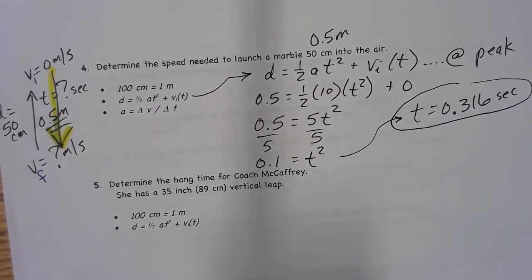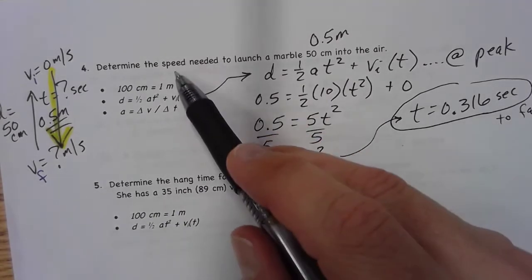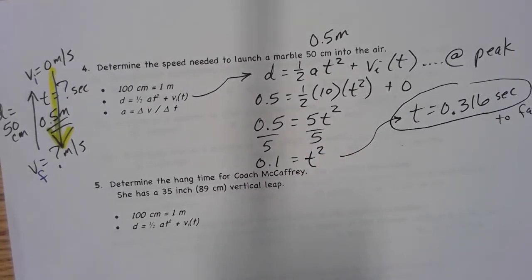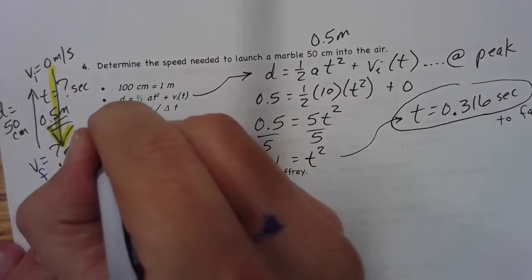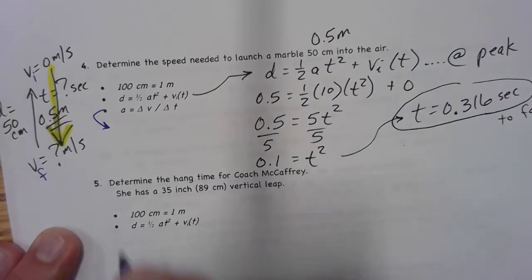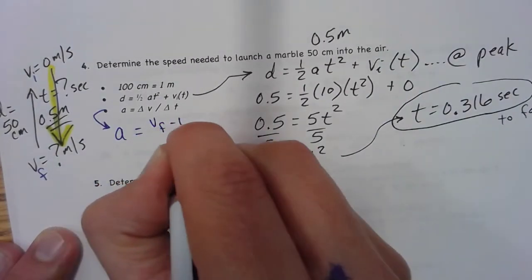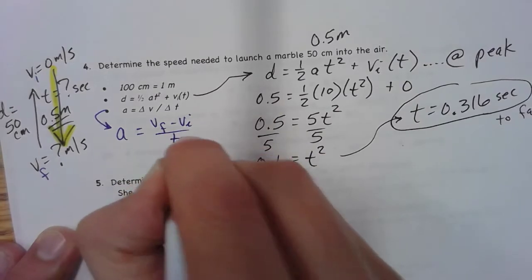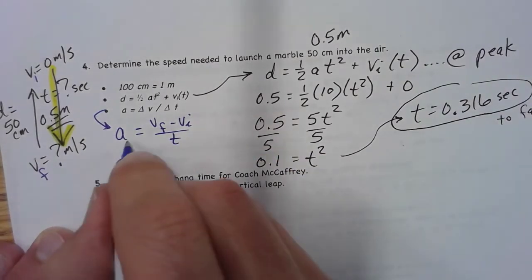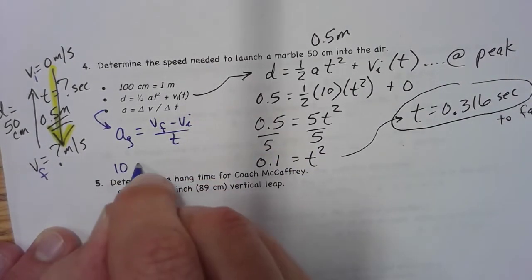That, once again, is the time to fall. So the next part is, well, how fast is it going? Using the time, I can figure out how fast. My favorite way to figure out how fast is to use our definition of acceleration. Acceleration due to gravity is 10.